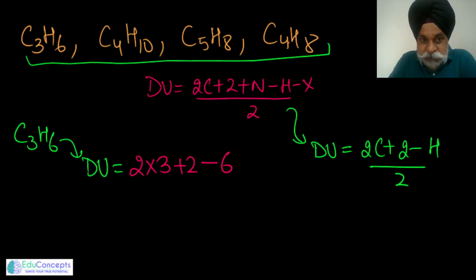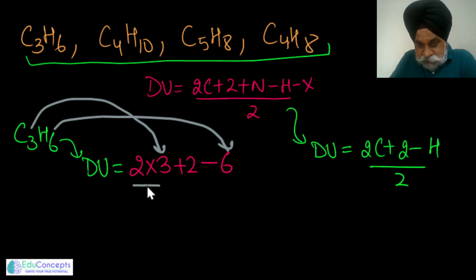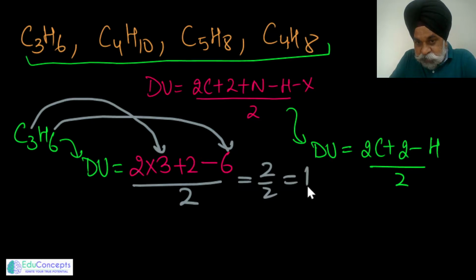Here 3 is the number of carbon atoms and 6 is the number of hydrogen atoms, divided by 2. So 6 plus 2, 8, minus 6 upon 2. So this is 2 by 2, that is 1. So the degree of unsaturation for this formula is 1.